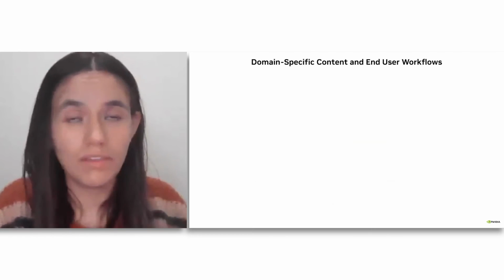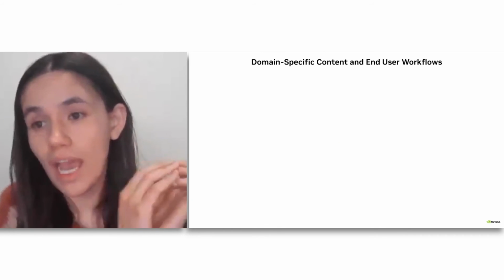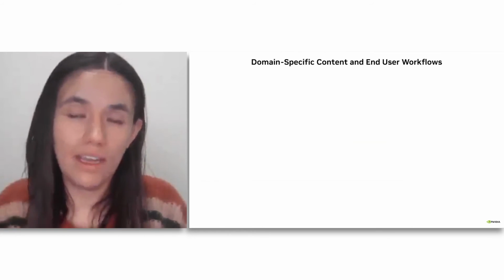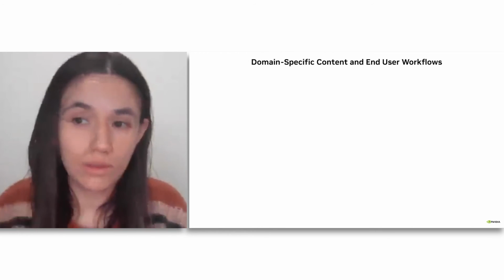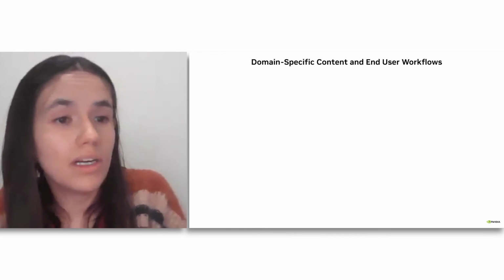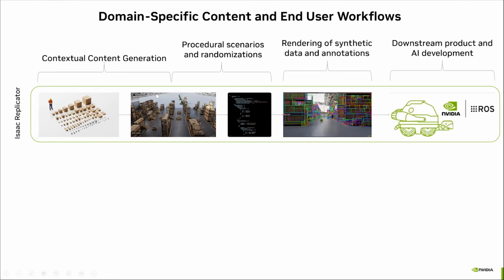So Replicator is the synthetic data generation tool that we provide with Omniverse. But there are domain-specific simulators that we have for autonomous vehicles and robotics, and then Replicator Core, which enables you to extend it to your use cases. The first one that we are going to talk about is Isaac Replicator.